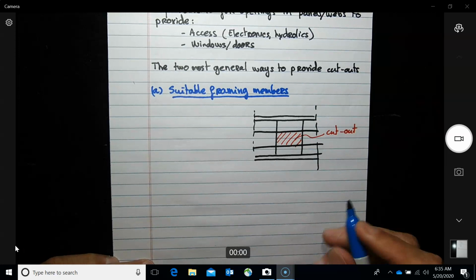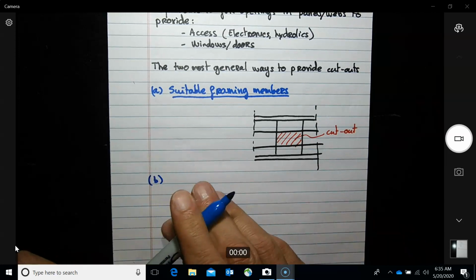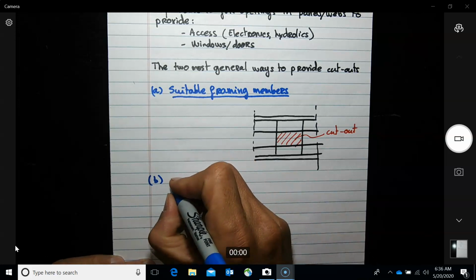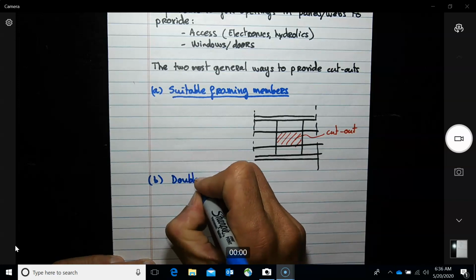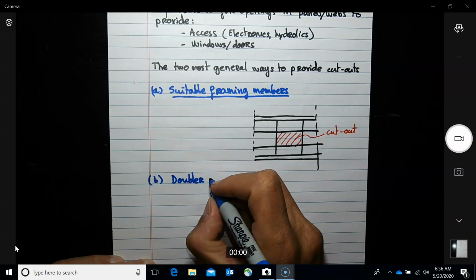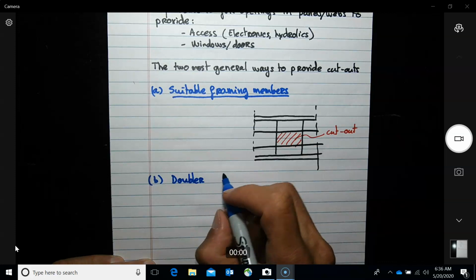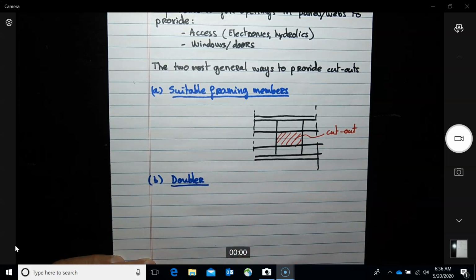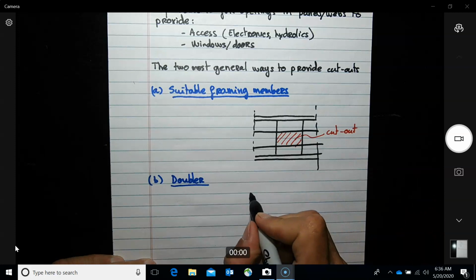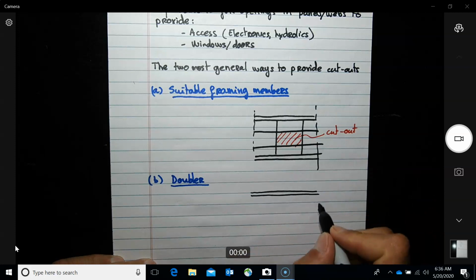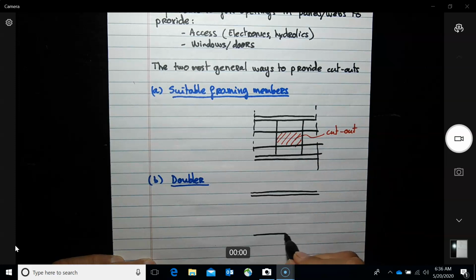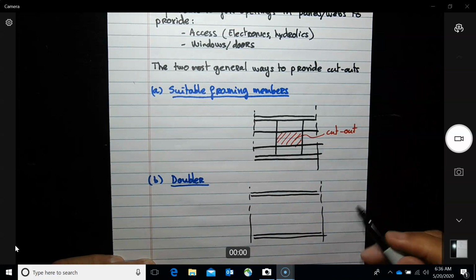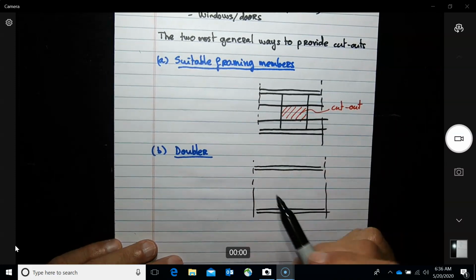Okay, and the other one is to provide some, so it's called a doubler. Just imagine you have a similar panel as this one. Okay, but this time you don't want to provide additional weight by adding stiffeners.